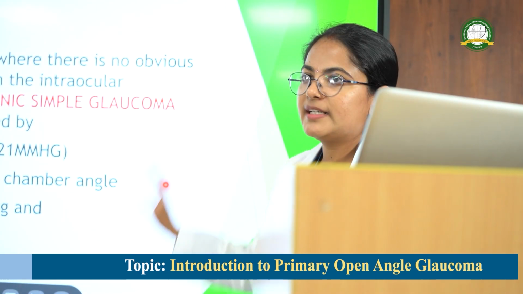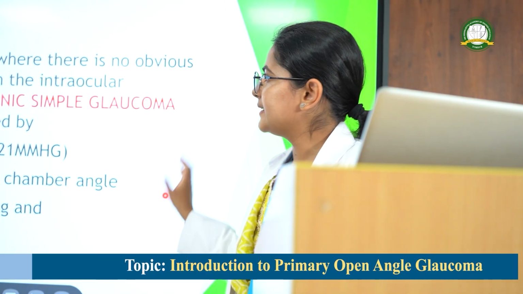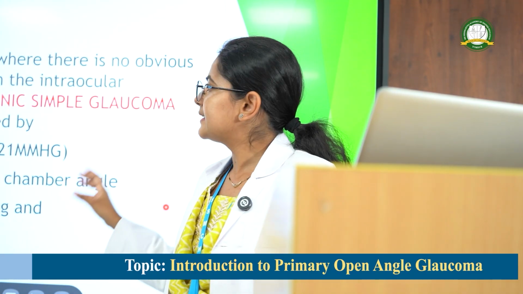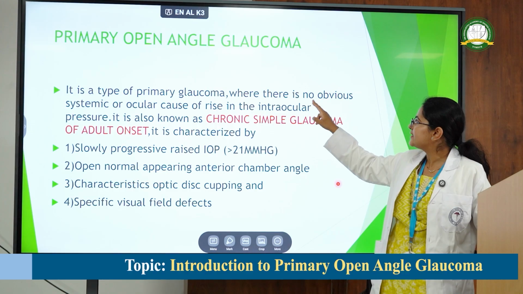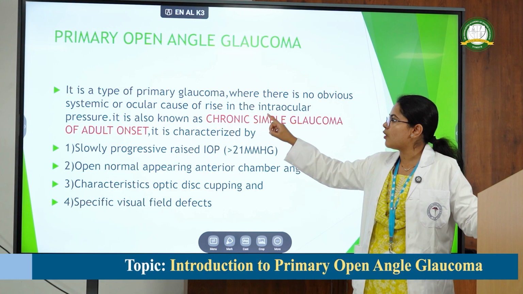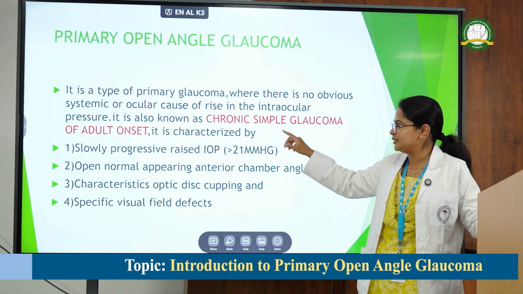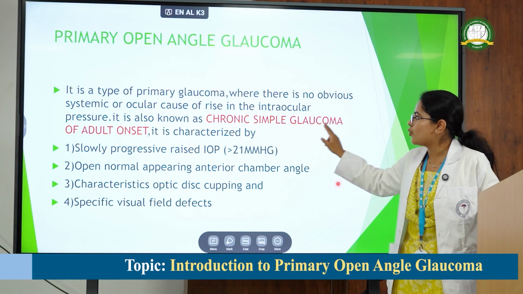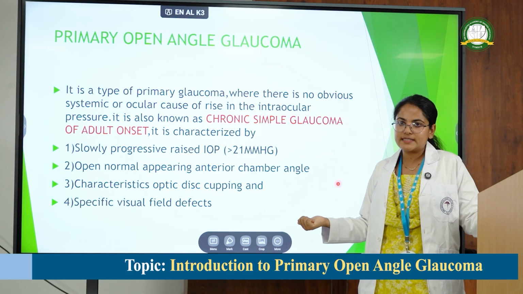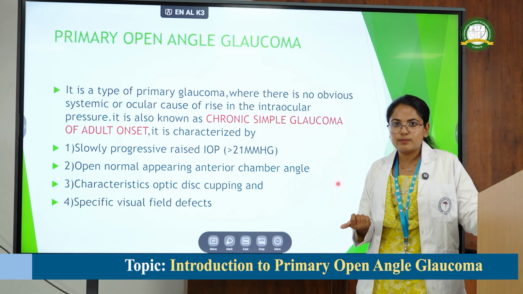So, now we will discuss primary open angle glaucoma. Primary open angle glaucoma is a type of glaucoma where there is no obvious systemic or ocular cause of raised intraocular pressure. It is also known as chronic simple glaucoma of adult onset. What is happening in glaucoma?